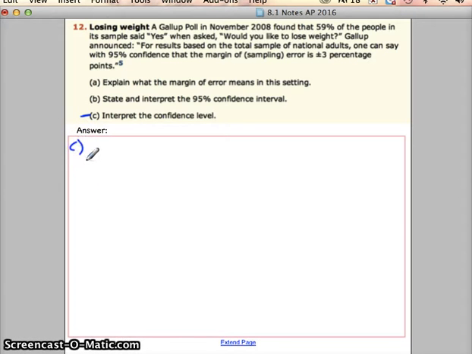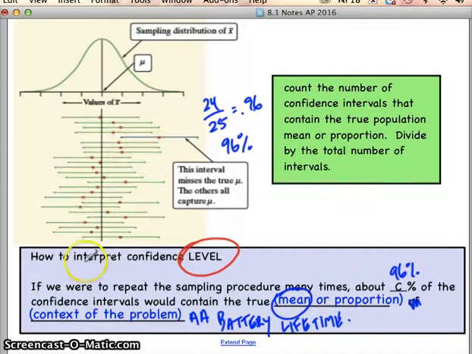And we're going to interpret the confidence level. What you can do is flip back through your notes, and this is the little fill in the blank statement that we're going to use to interpret the confidence level.